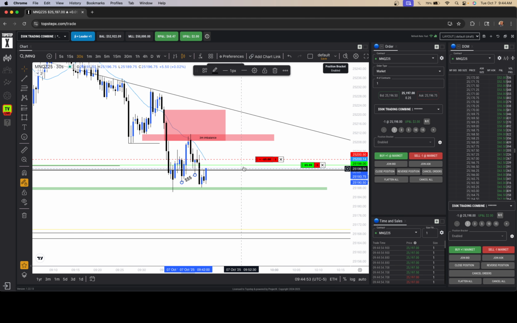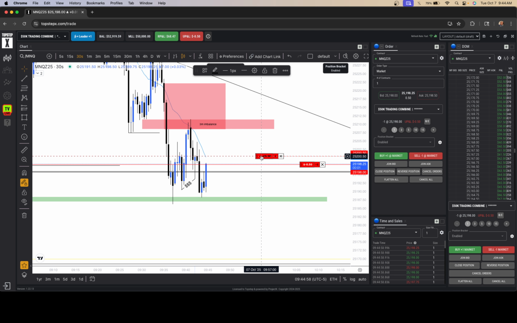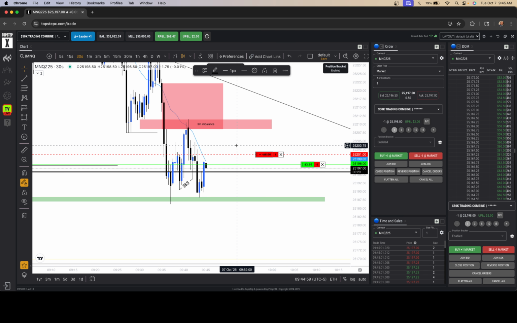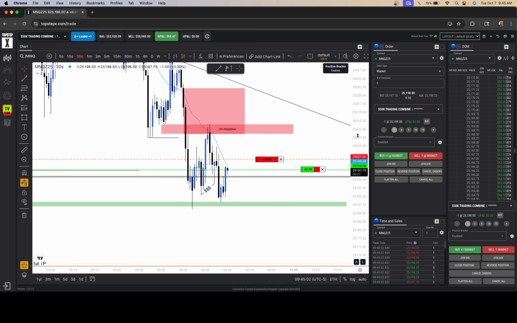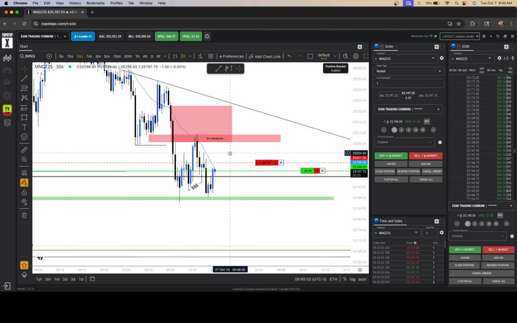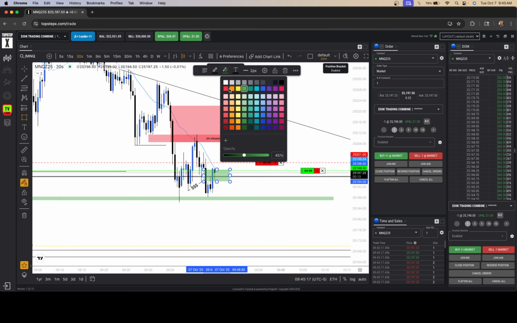And being smart and taking that into account is what will keep you and your account in good standing. So I'm hoping that we reject back down out of this bearish imbalance and continue lower.